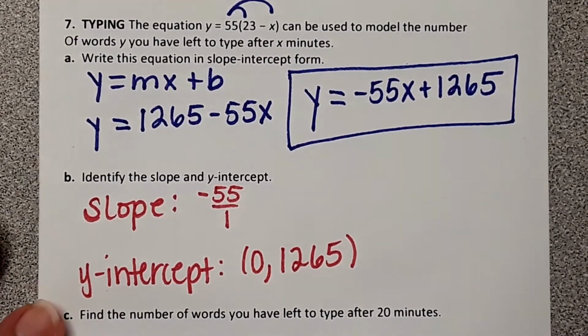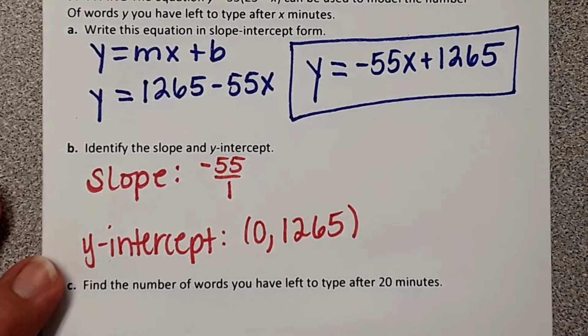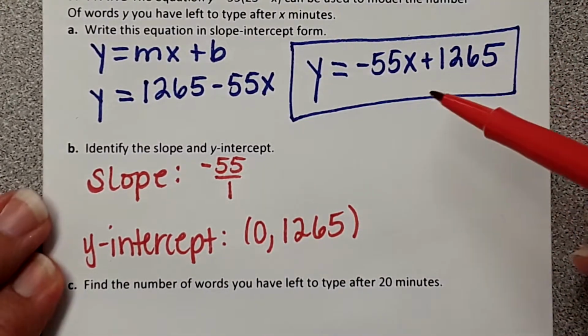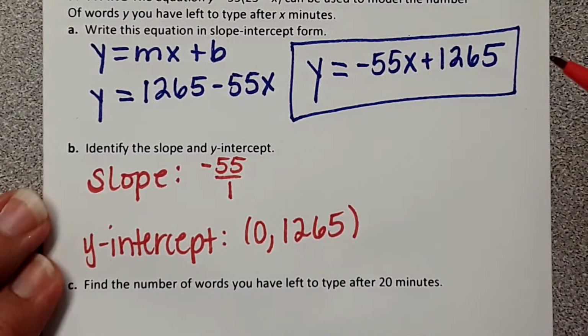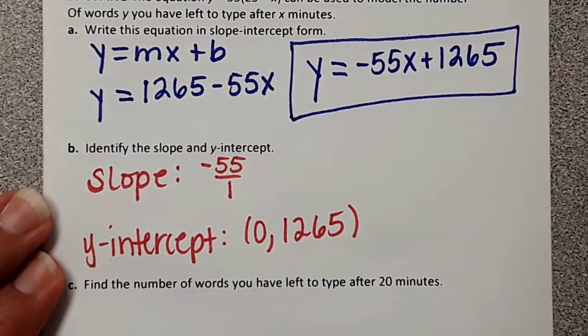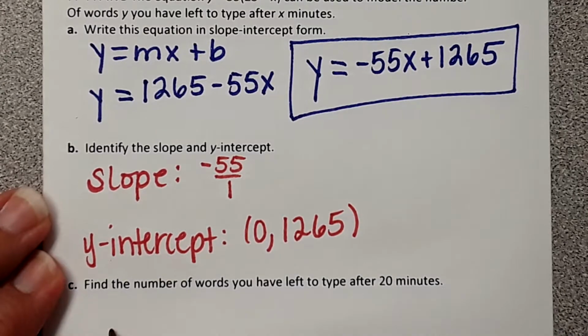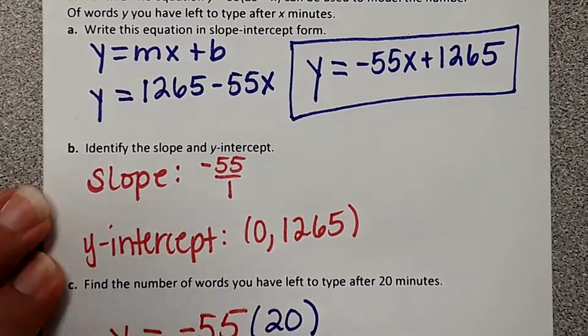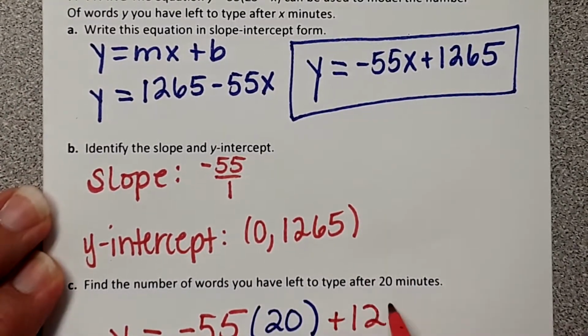Now, it says, find the number of words you have left to type after 20 minutes. It says that x is the number of minutes and y is the number of words you have left to type. So we're going to do y equals negative 55 times 20, and then add the 1,265.